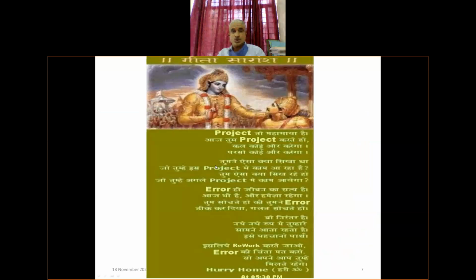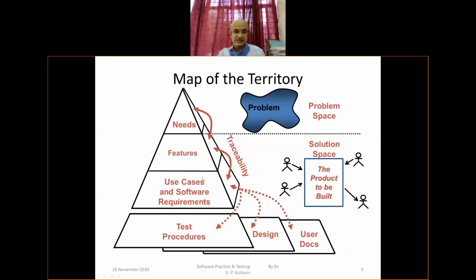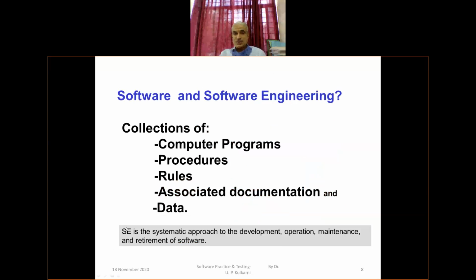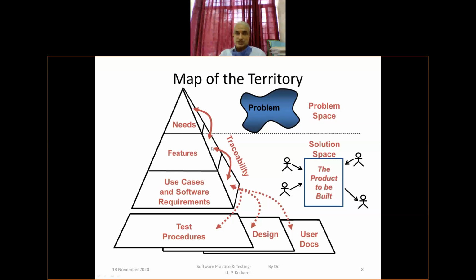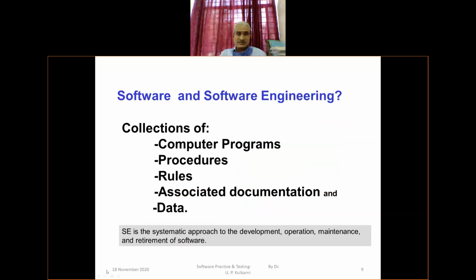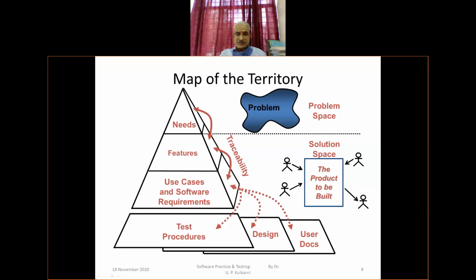Let me get into some of the terms that we use. When you look at the whole product development, it takes its own compartments. One is problem space, the other is solution space. When you look at the solution space, features, use cases, design, test procedures are all connected. The objective of showing this is to tell you that test procedures, etc., find their position in the entire product development.